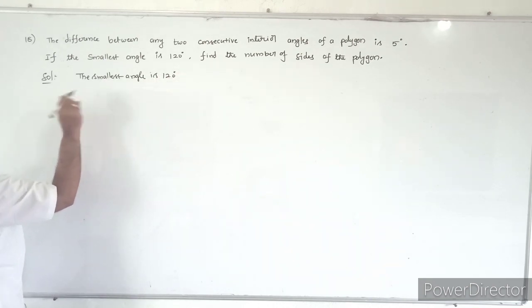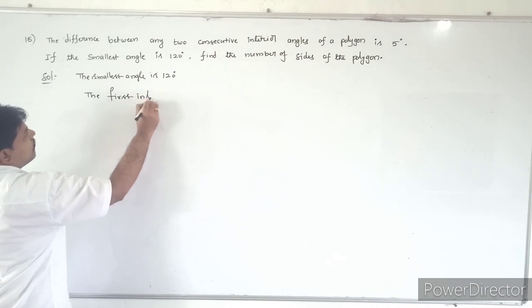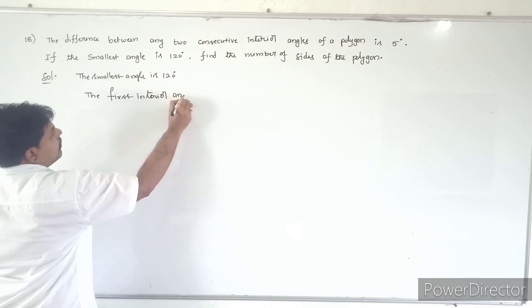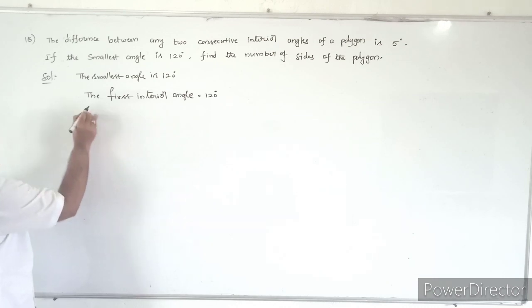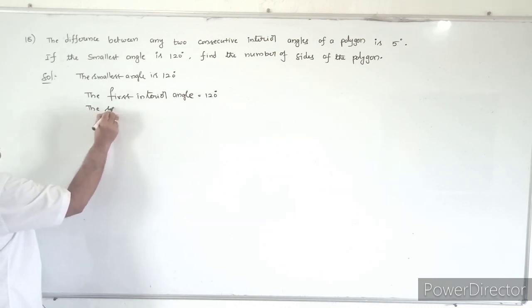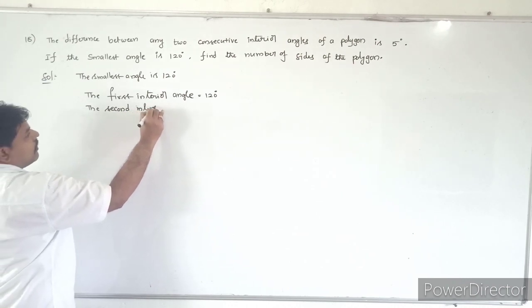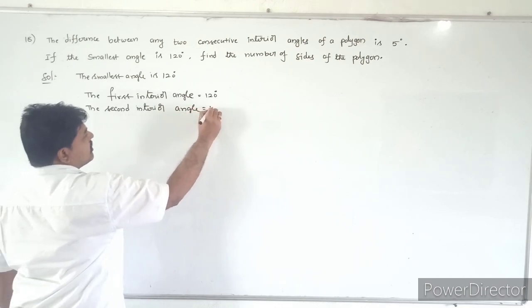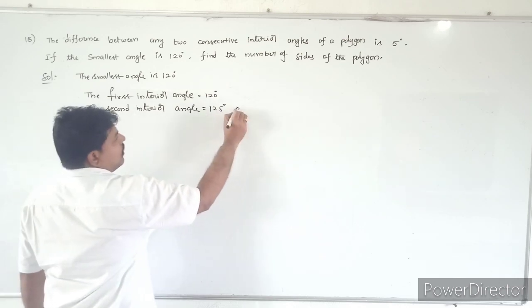So the first interior angle is equal to 120 degrees. Similarly, the second interior angle, what is that value? That is nothing but 125 degrees. Why? Because the difference is 5, and so on.